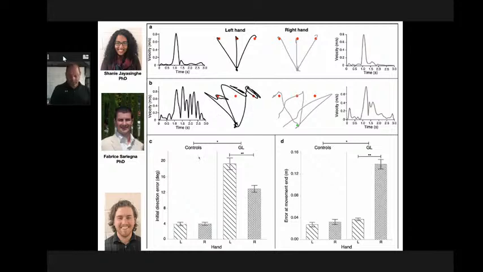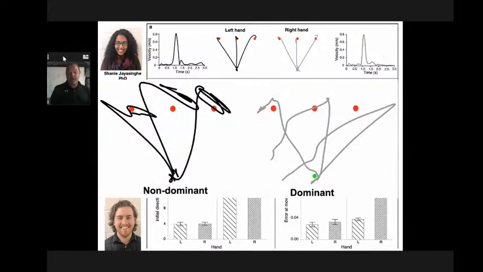And so these differences are very big. Oh, I should say, I shouldn't be saying right and left here because Jeanette is left hand dominant. The non-dominant arm goes out and oscillates, and the dominant hand goes out and then drifts.